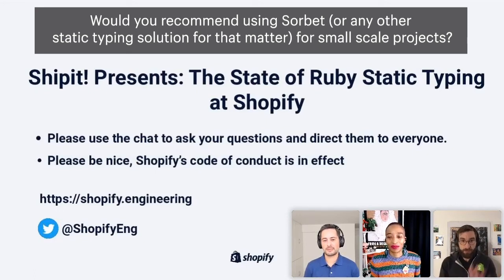After that, it's also adding a bit of overhead because you need to write the signatures and everything. But just remember that you're not forced to write signatures to benefit from Sorbet. So just having the constant resolution is not a high price to pay to benefit from the Sorbet errors that could arise.